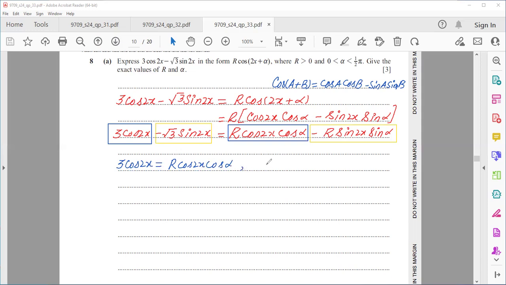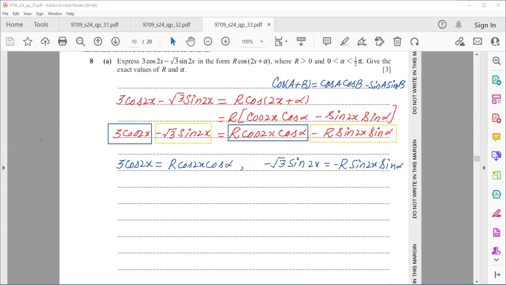Then we have minus root 3 times sine of 2x, that is equal to minus r times sine of 2x into sine of alpha.